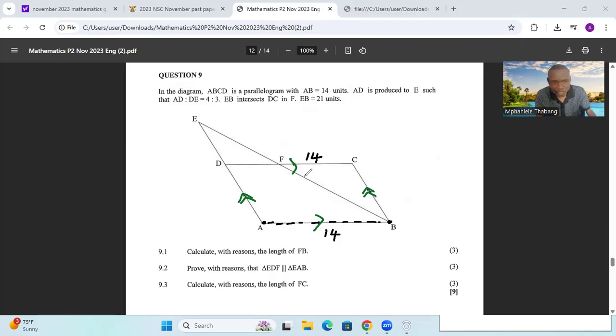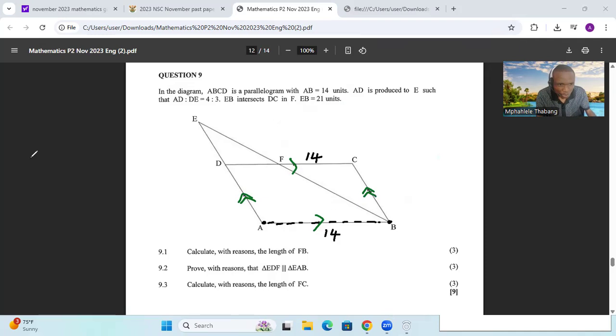And what else? They are saying AD over DE is 4 over 3. I'm going to talk about that. And they are saying EB intersects DC in F, and EB is equal to 21 units.